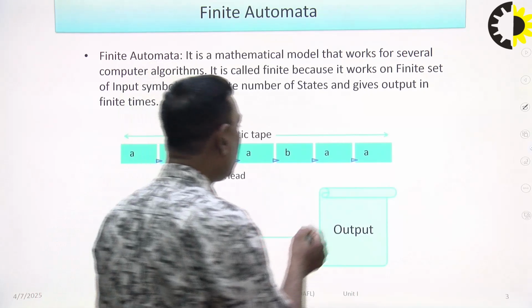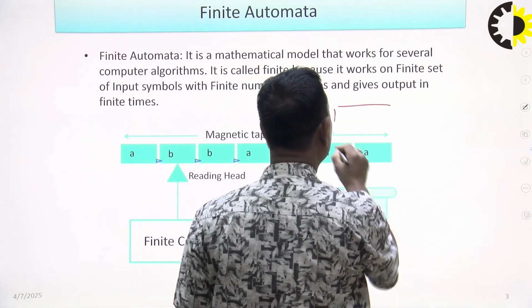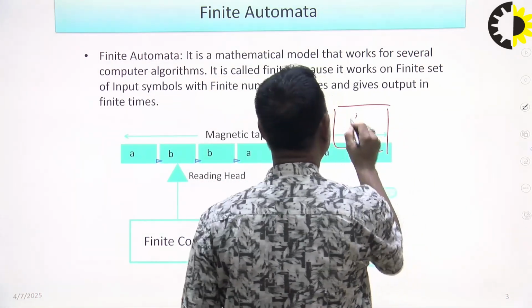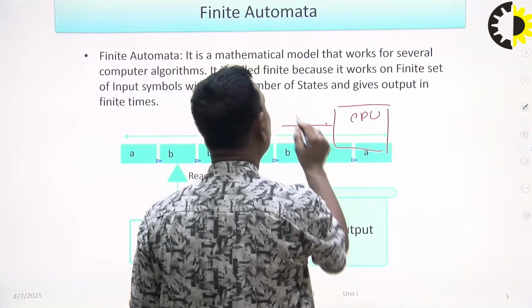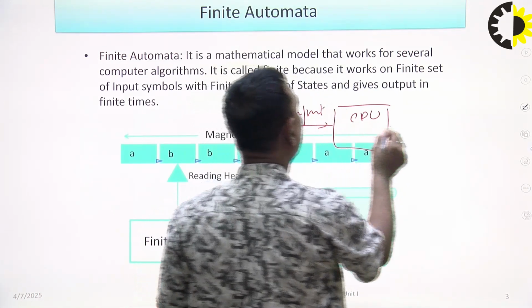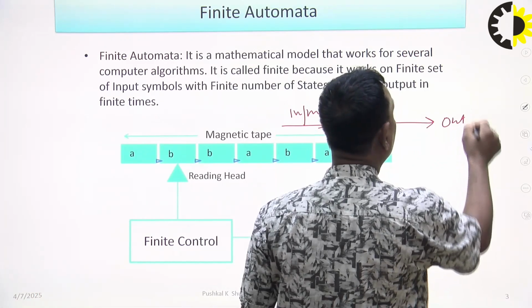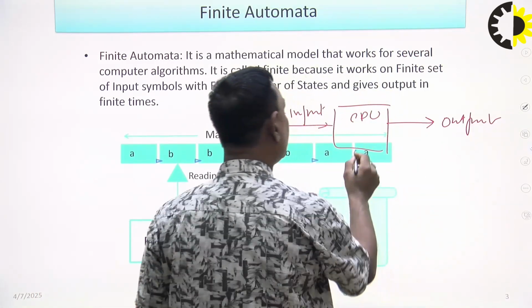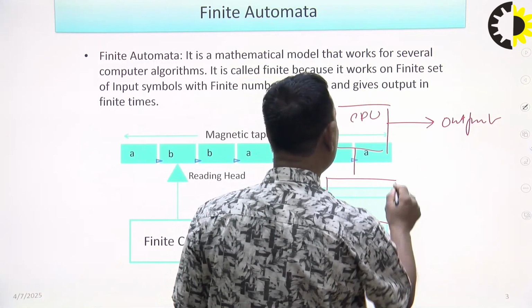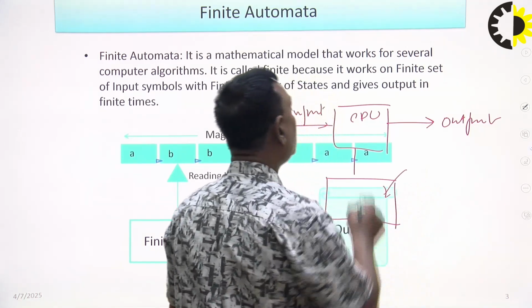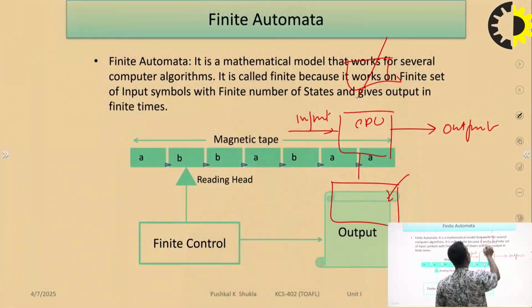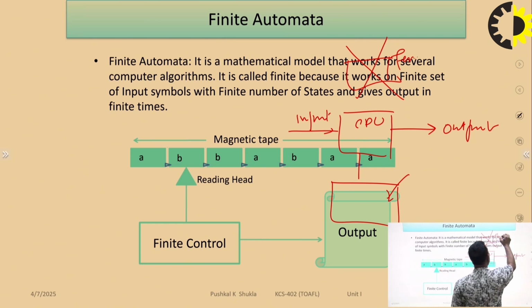What actually a simple automata does: this is a CPU, this is an input given, and correspondingly we get output. There is a program, a memory where programs are stored, and there is no temporary memory.